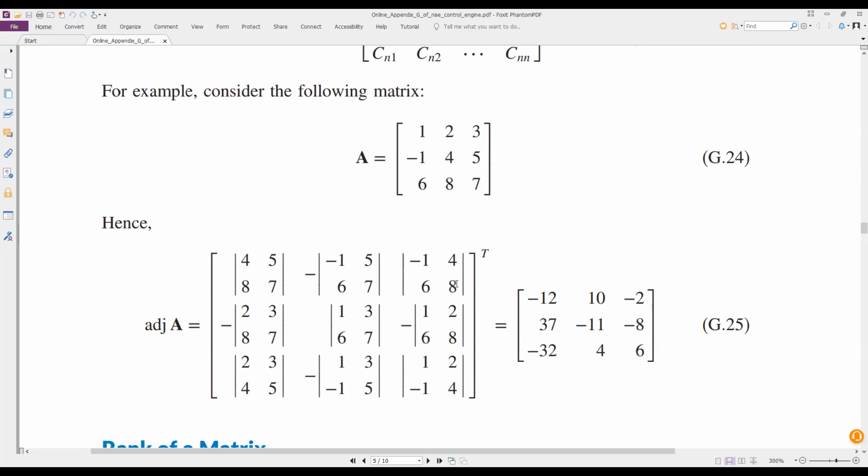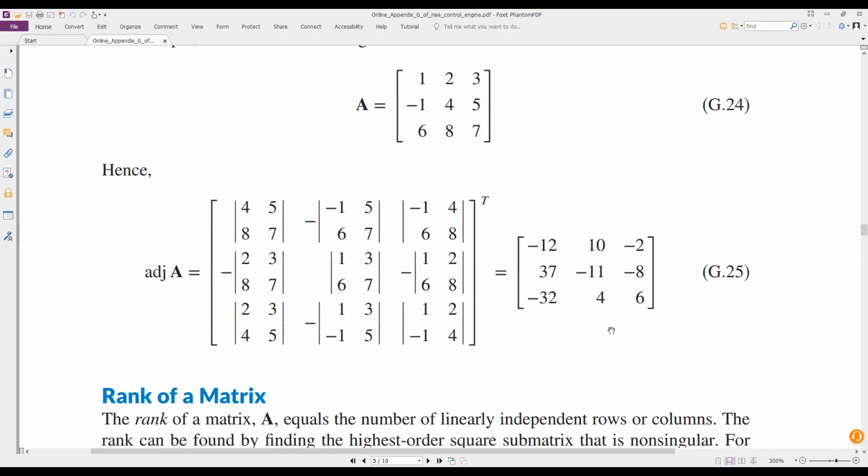This would be the cofactor. 1 1 positive, and 1 2 negative, and 1 3 positive. So like this, the sign would change. You have to calculate the cofactor of this matrix, then you will get the adjoint matrix.